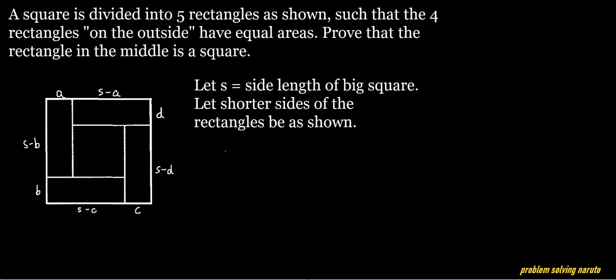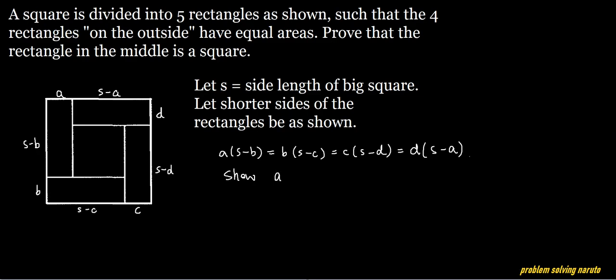Okay, we are given that A times (S minus B) is the same as B times this, same as C times this, same as D times this. And we want to show that.